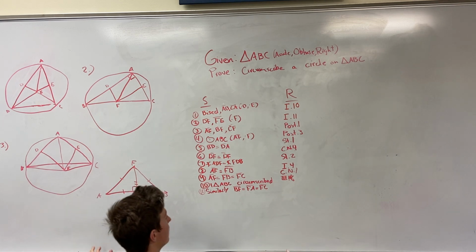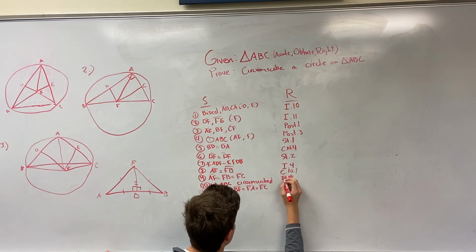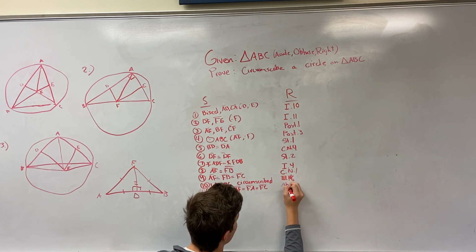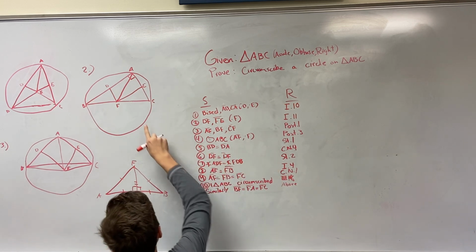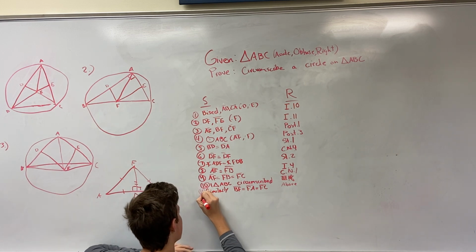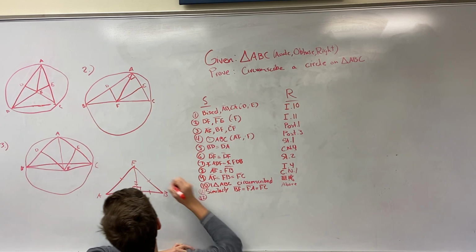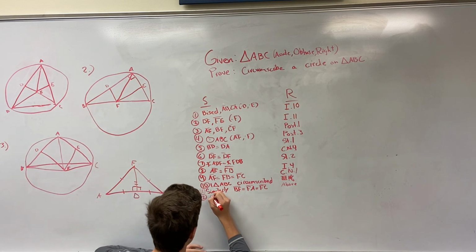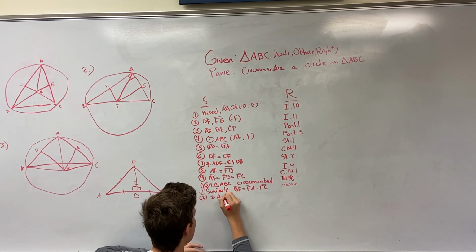And the reason for that is just above, because you would use the exact same steps as you did in that one to prove this one. So we're just going to call that one 2. So 2, triangle ABC, has been circumscribed.